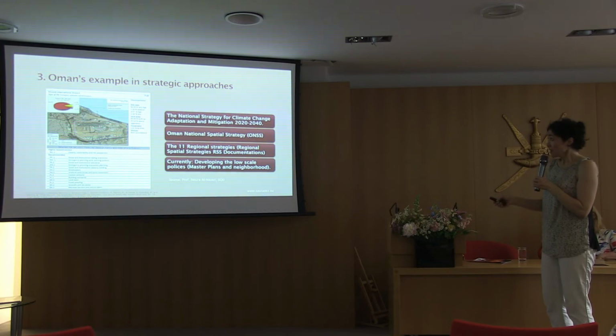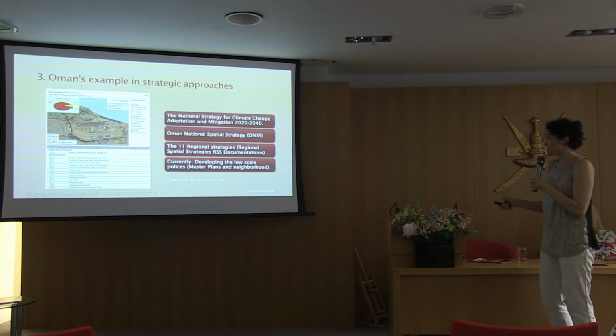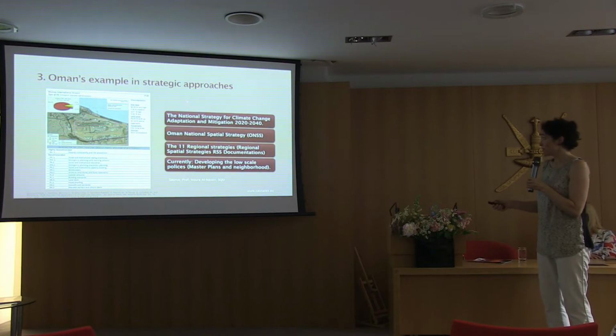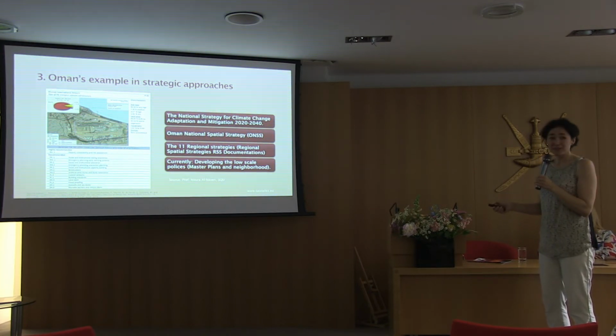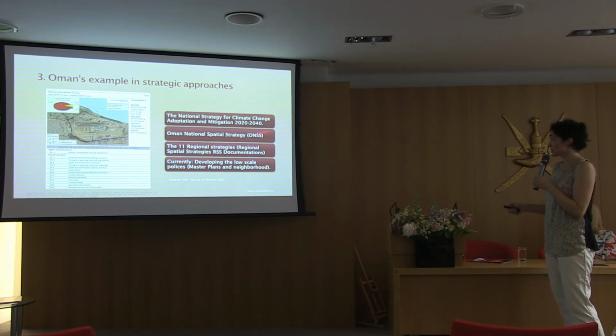So I thought I would say a little bit about Oman's exemplary strategic approaches. I'm sure you have heard talks here on Oman's Vision 2040 and also the national spatial strategy. There is also the national strategy for climate change, adaptation and mitigation, which came out recently and is very linked to the spatial strategy.